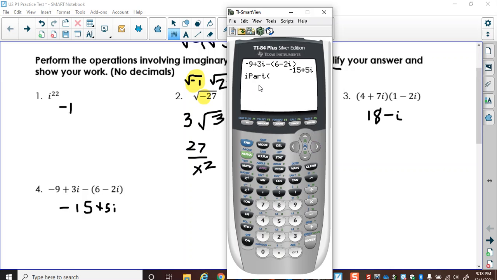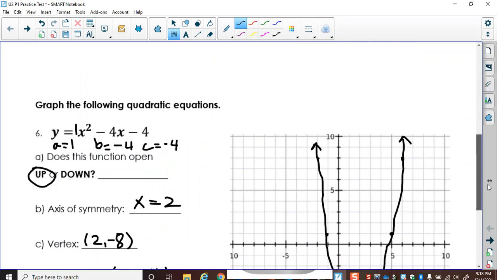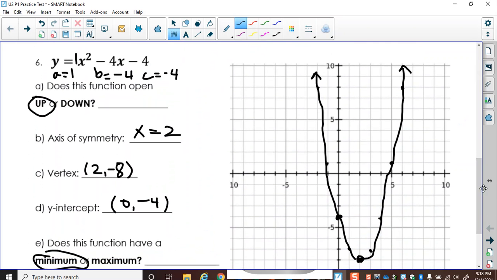That gives me the i part, and then I'll just put in i, and then the up arrow, and then I can do the 22nd. All right, and I get -1. Okay, so that's that. We did this one in class.